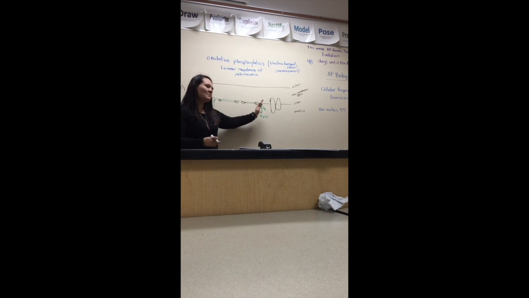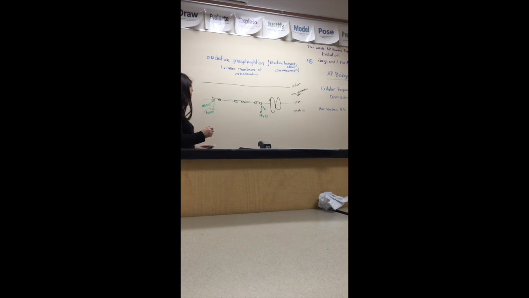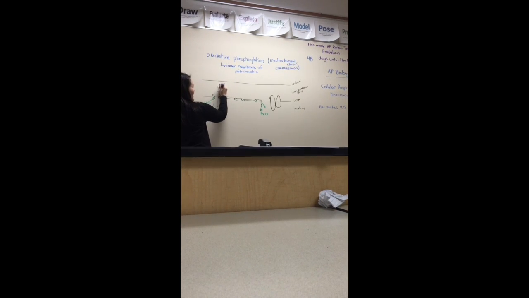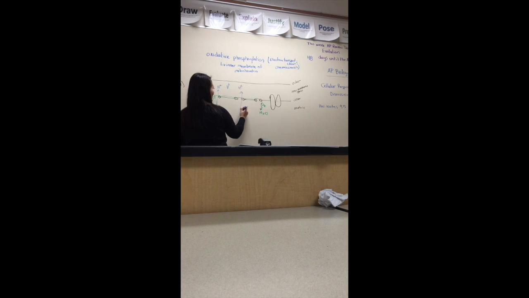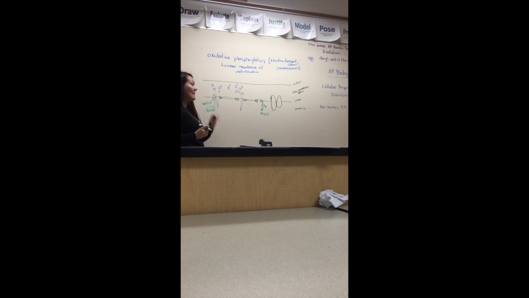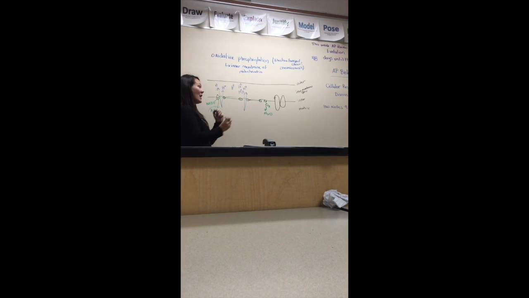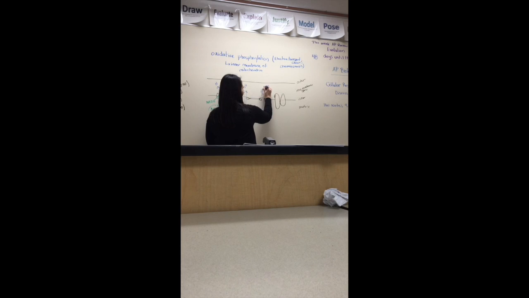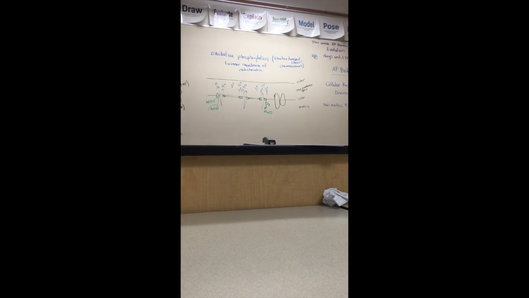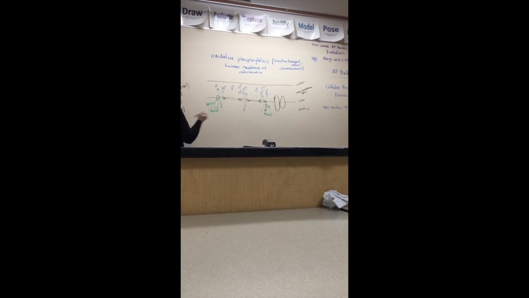As these electrons move down these protein pumps, it's going to be driving hydrogen ions into this inner membrane space. So I'm going to have hydrogen being pumped across that inner membrane as that electron flows down to that oxygen. This is called the electron transport chain.